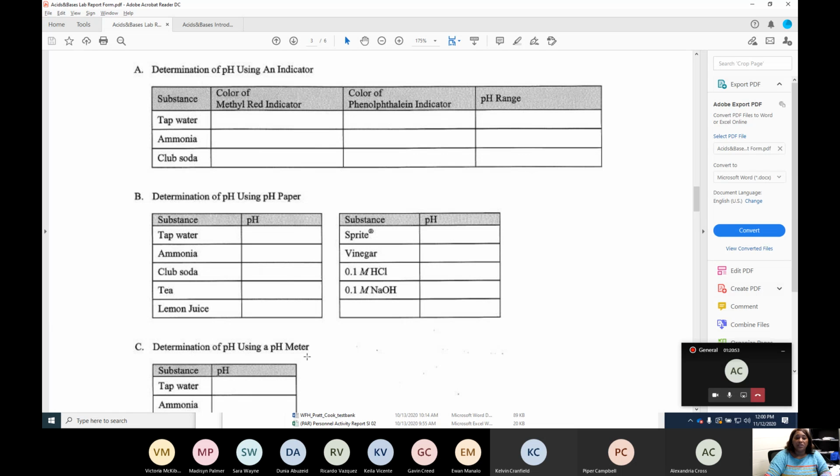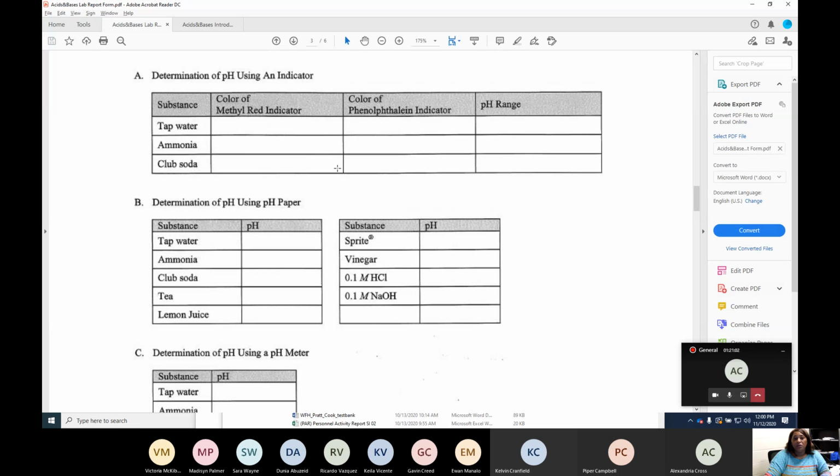But with the meter, you should have written down your answer with 2 decimal places. Again, with the indicator, you must give a range. With the pH paper, your answer will be just a whole number, or it could be a range if you felt the color fell between 2 pH values.